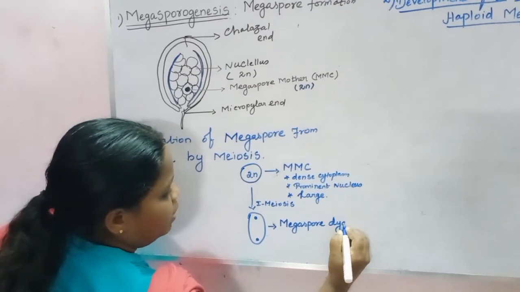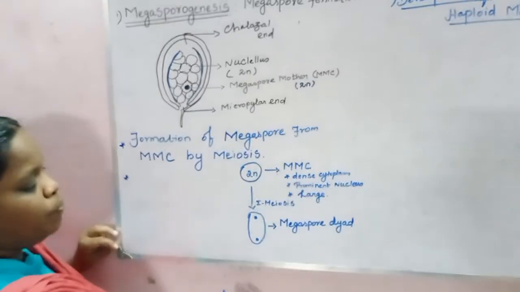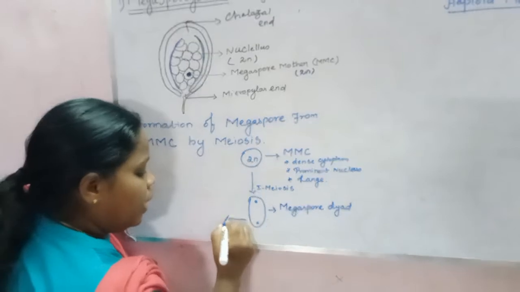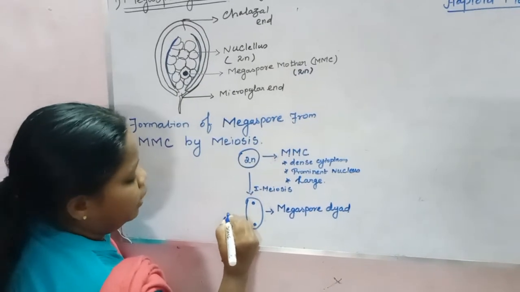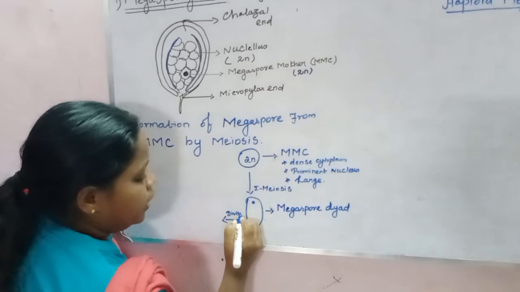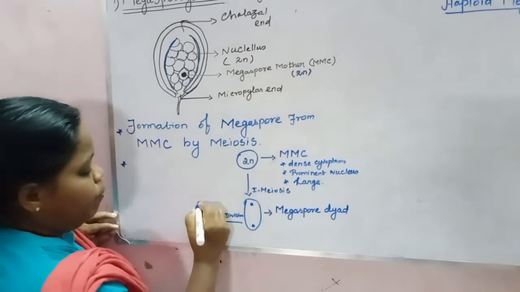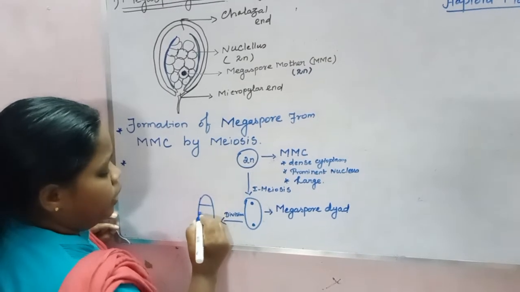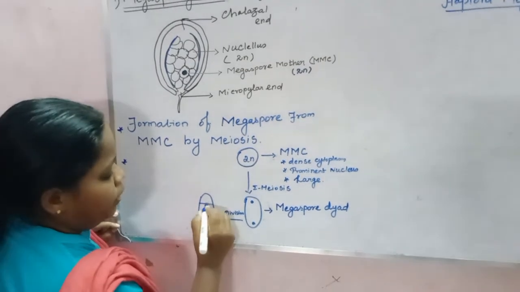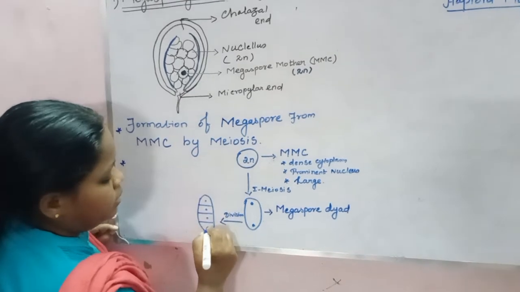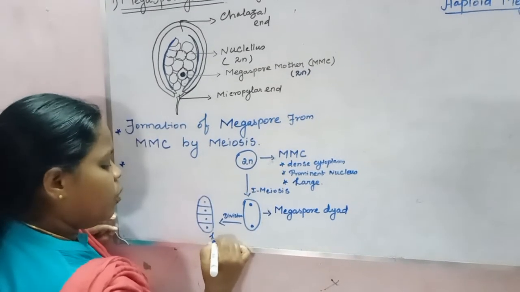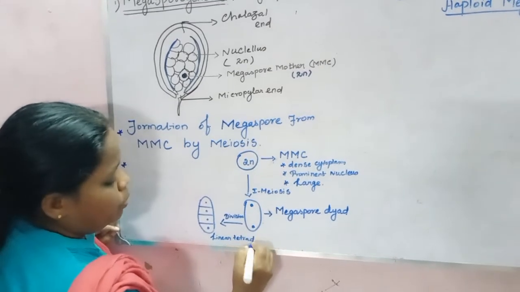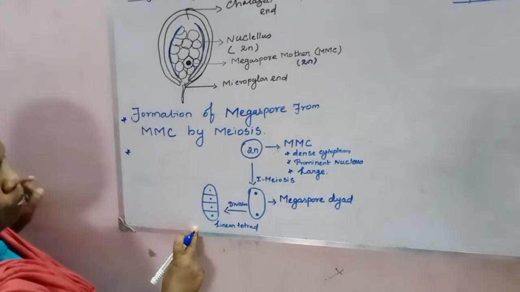Then again this megaspore dyad undergoes transverse division. It forms a tetrad, the megaspore tetrad. Usually in angiosperms, the megaspore tetrad is a linear tetrad. Most angiosperms produce a linear tetrad of megaspores.